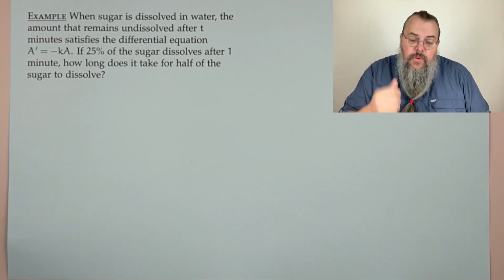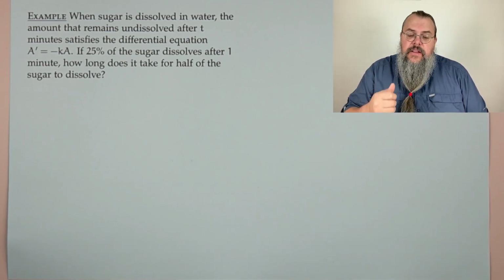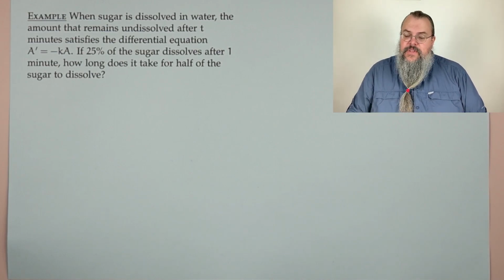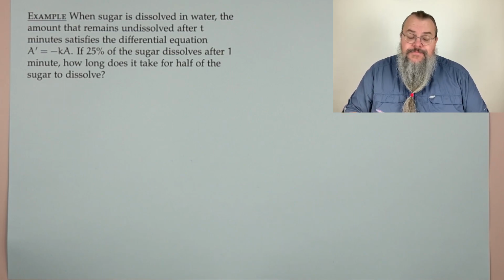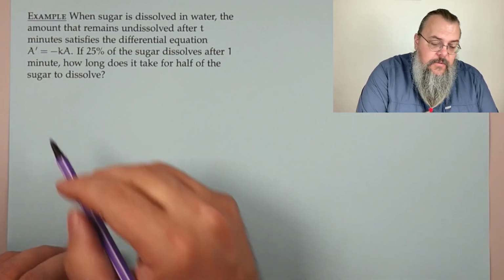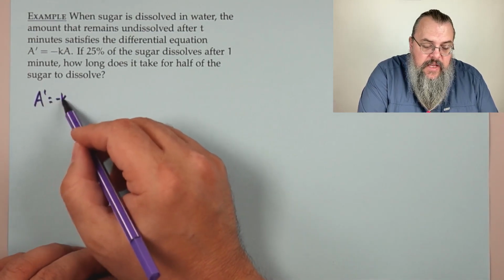So if 25% of the sugar dissolves after 1 minute, how long does it take for half of the sugar to dissolve? All right. Well, we have our model, A prime equals minus kA.